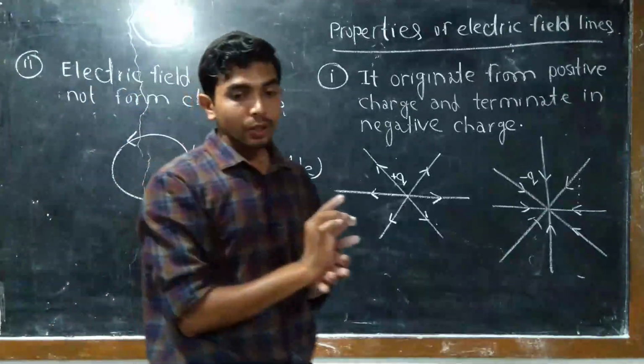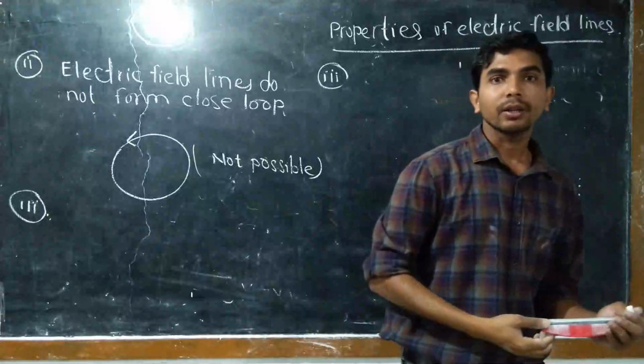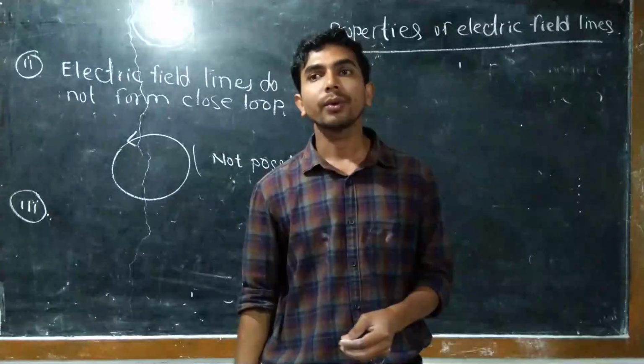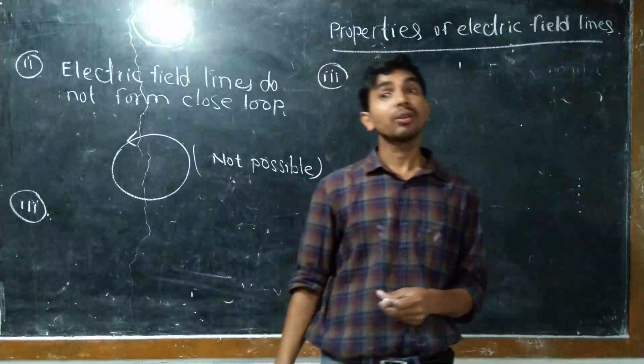Third point: suppose electric field lines are given. With the help of electric field lines we are able to find direction also. How?